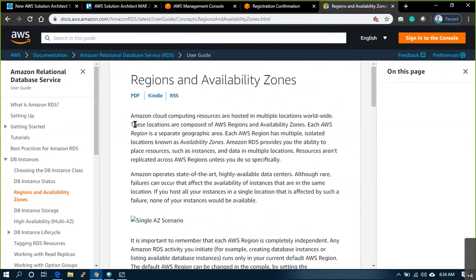The physical locations are composed of regions and availability zones. Just like Azure, if you are familiar with Azure, AWS has a similar concept. Whatever physical locations they have hosted their services in, they are composed into two different components. One is the region. A region is just a location, I can say. Then what is an availability zone?